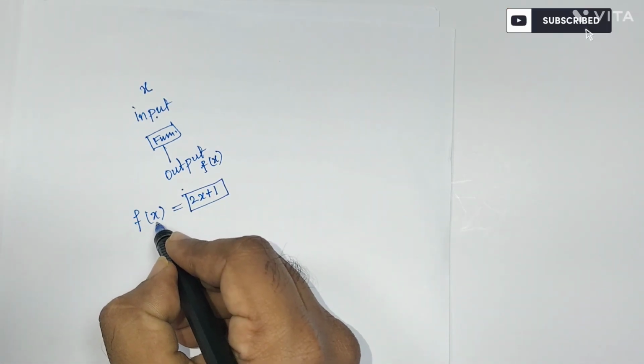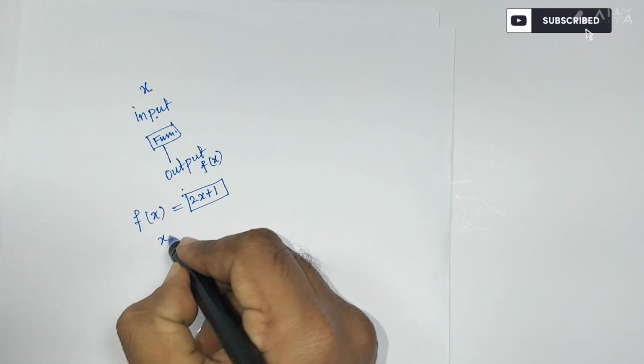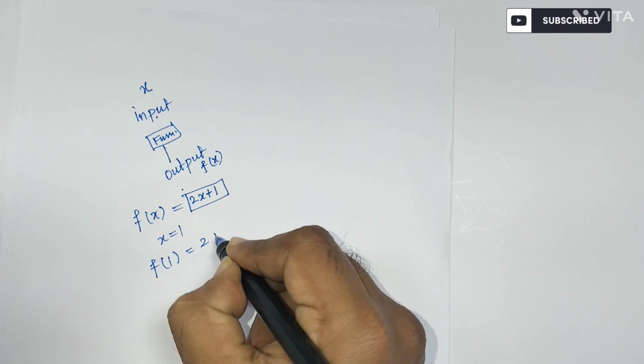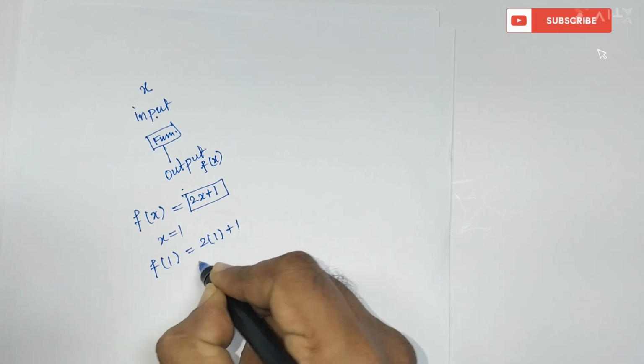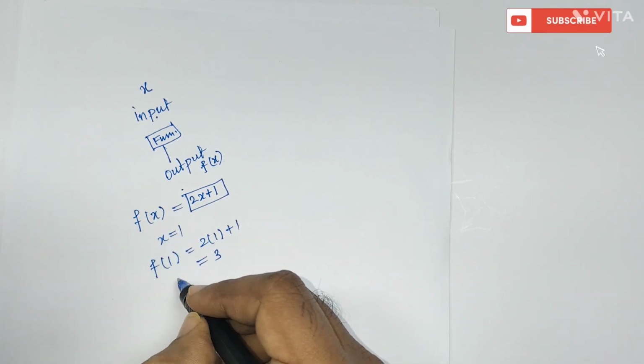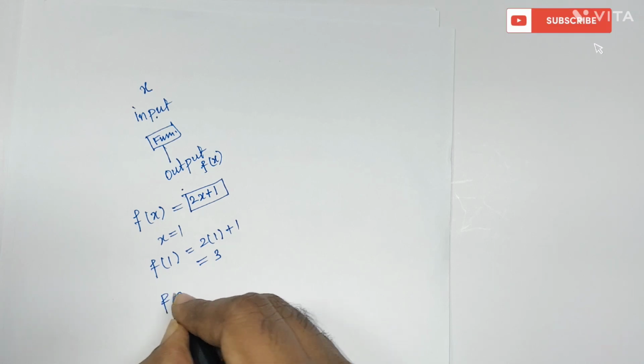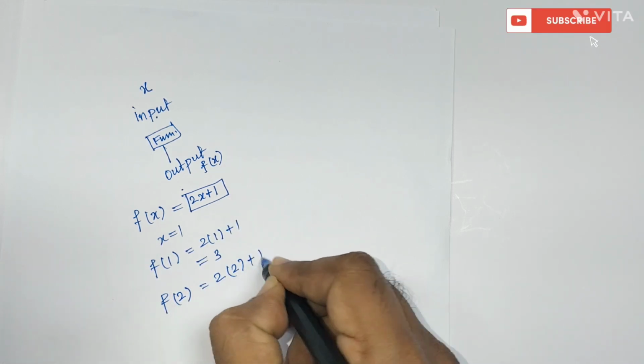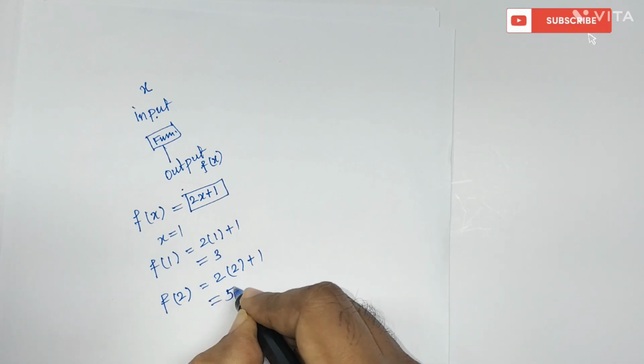Here I'm giving x equal to 1. Then f of 1 is equal to 2 into 1 plus 1, which is 3. Giving another input, x equal to 2, I get 2 into 2 plus 1, which is 5.